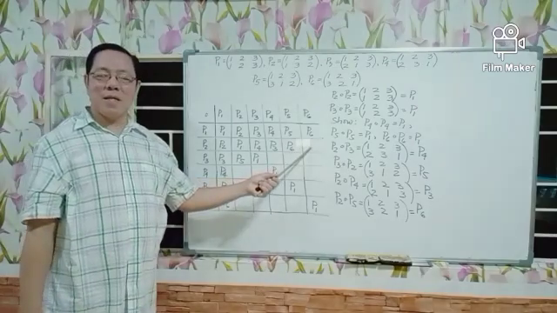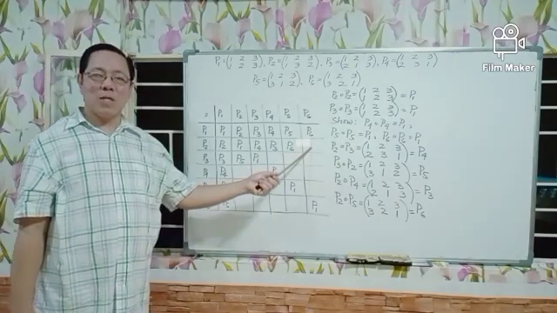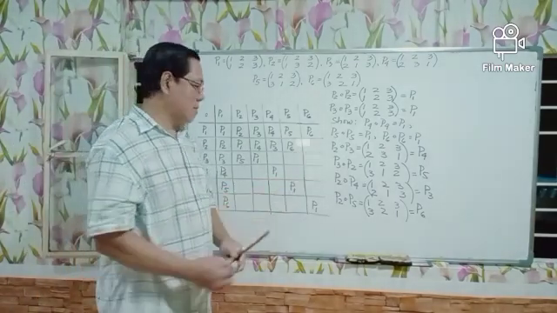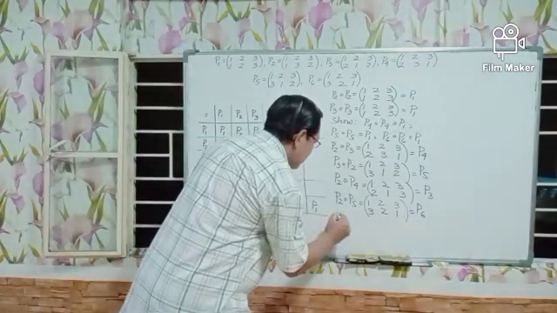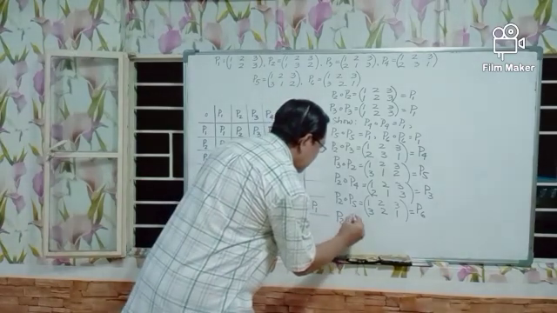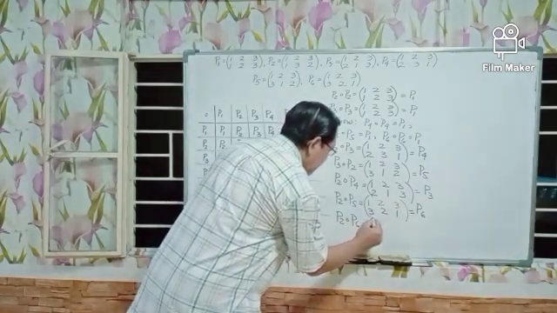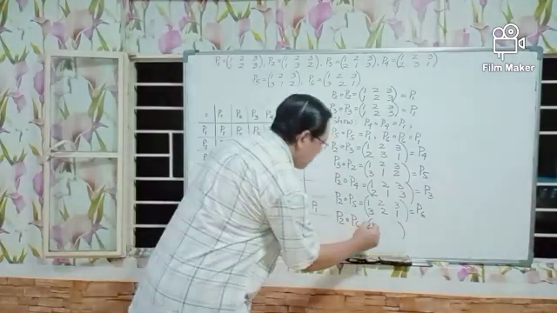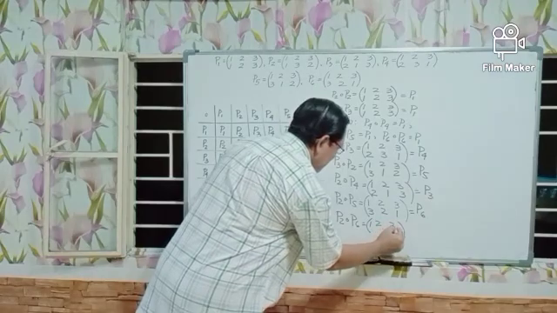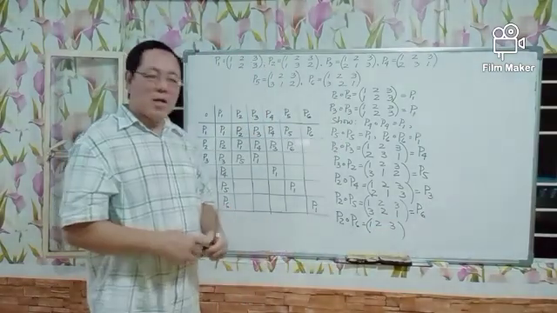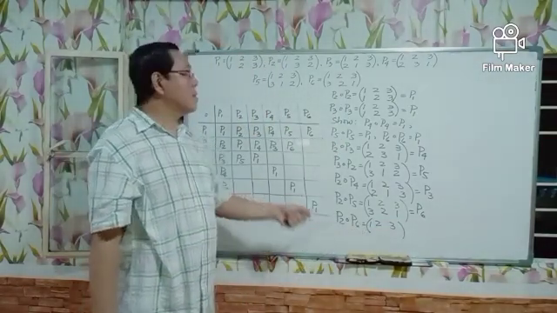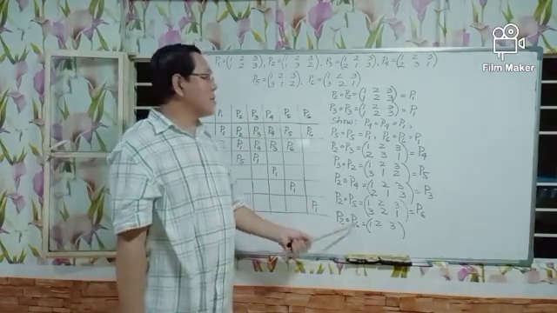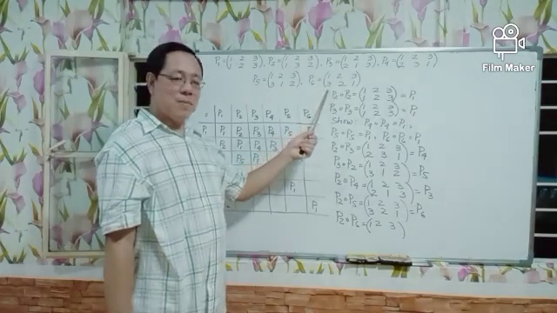Now find the entry in this cell. The entry in this cell is equal to composition of P2 and P6. Under P2, the image of 1 is 1. Under P6, the image of 1 is 3.